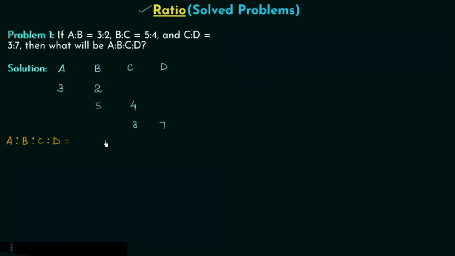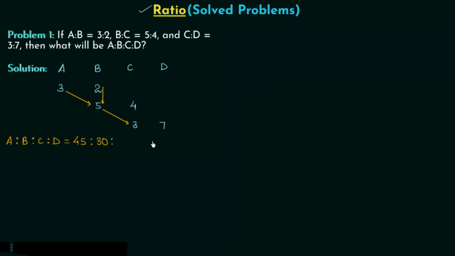To find the first term, we will multiply 3 by 5 and then the result we will multiply by 3. So 3 multiplied by 5 multiplied by 3 gives us 45. The second term will be 2 multiplied by 5 and the result multiplied by 3. So 2 times 5 is 10, 10 times 3 is 30.